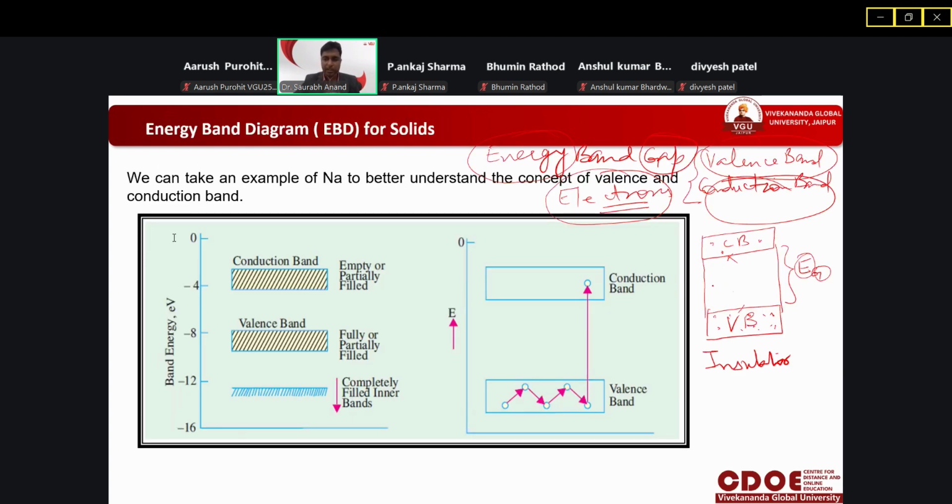Right. So in case of an insulator, this energy gap is greater than 5 electron volt. And this energy is too much for one electron to gain.